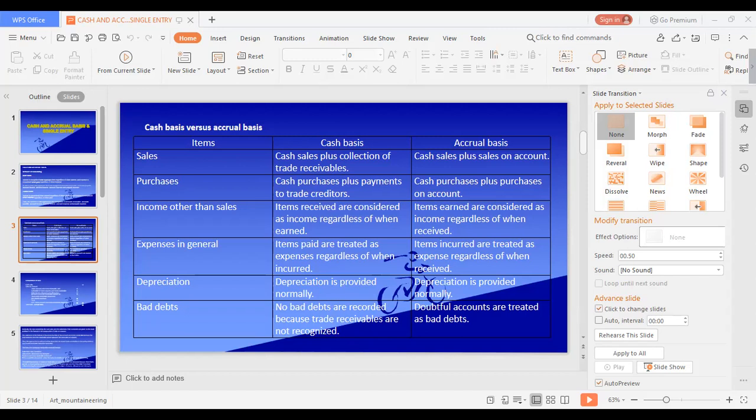Now we have here the last multiple choice problem 13, but it has 3 requirements. So question number 1, what's the amount of purchases for the year? So the answer is B, 2,750,000.